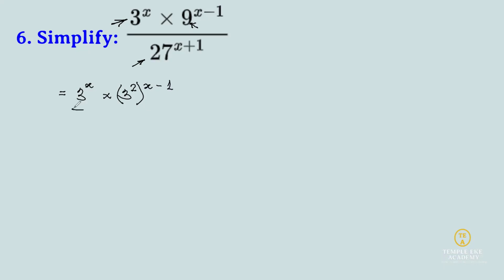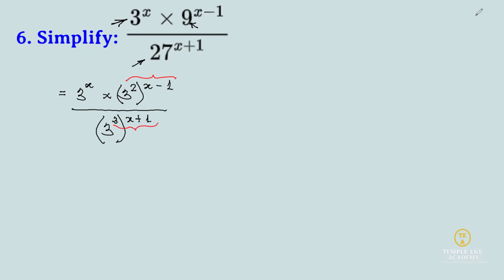Now divided by the same thing in the denominator. 27 is actually 3 to the power 3, and all of that is being raised to the power x plus 1 outwards. Very simple. Now let us do the combination of the power. So we have to combine this area. Yes. Combine that area by multiplying the powers. And of course, combine this area multiplying the powers. The same operations. Let's get into it.